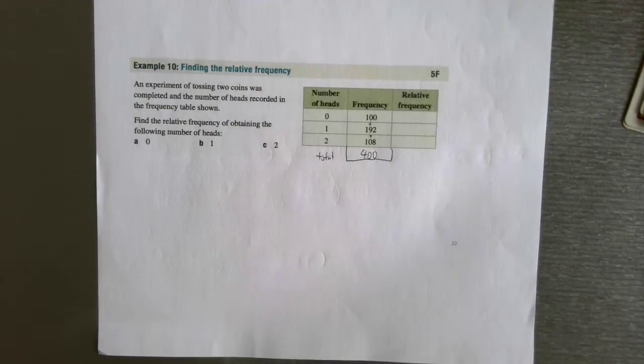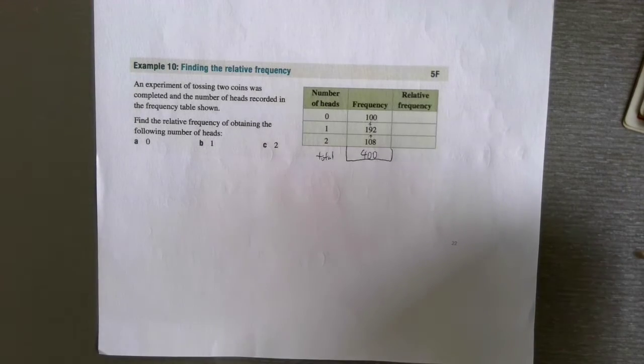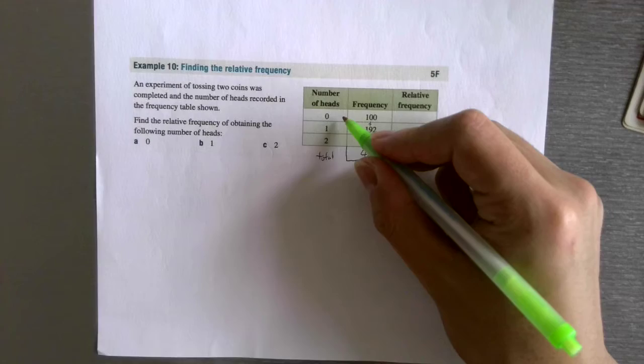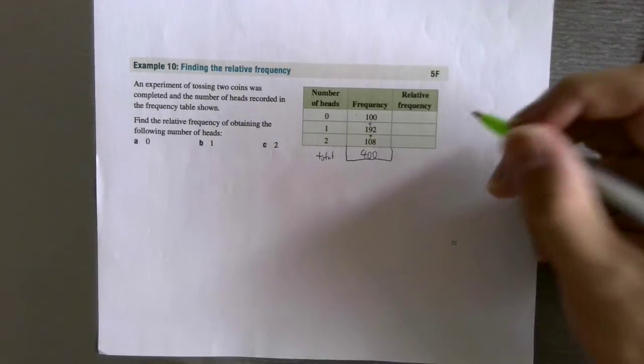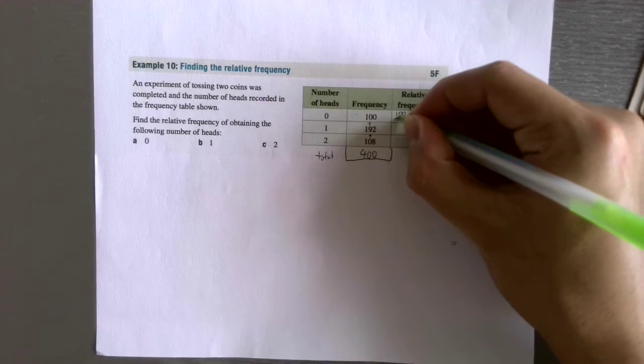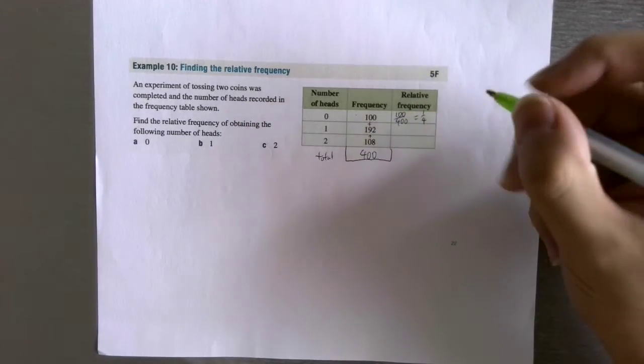And so now we can actually work out the relative frequency. What we said before was the probability of an event is just the frequency divided by how many times it happens, or how many times there were 0 heads divided by the total number of times we flipped the coin. So we are just going to write 100 over 400, which simplifies to 1 over 4.